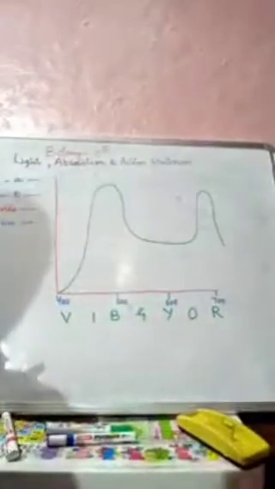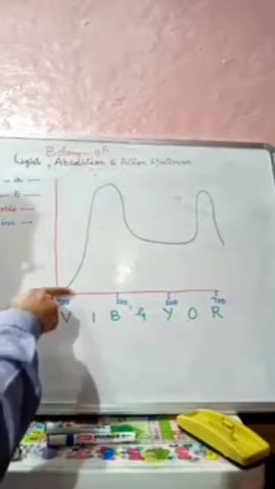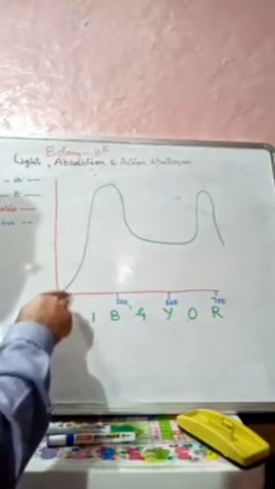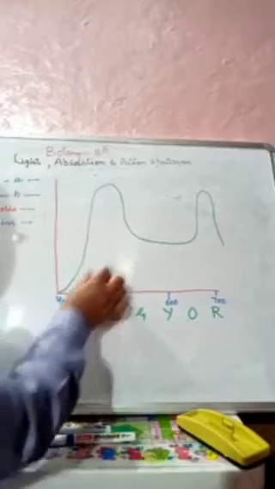This is chlorophyll A. We will find two maximum peaks, one at the blue color and one at the red color.